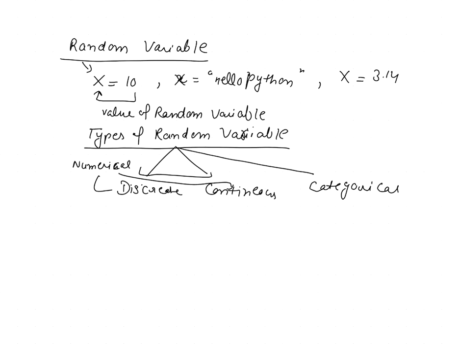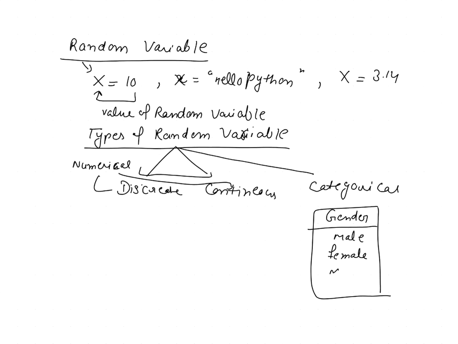So here if I give you the categorical example, this is very simple. Maybe you have one feature in your data set, gender, and they are filling it with male, female, again male, female, right? So this is repetitive, the same category. So this is called categorical. Okay.